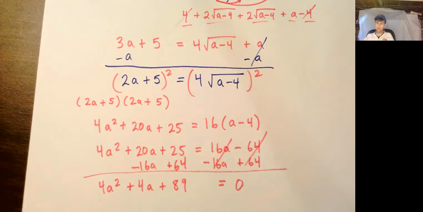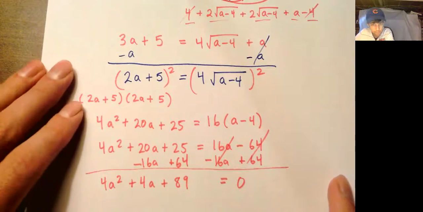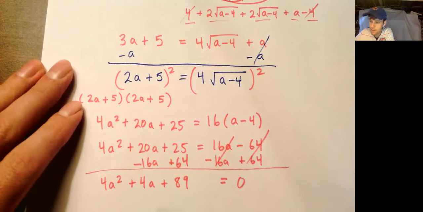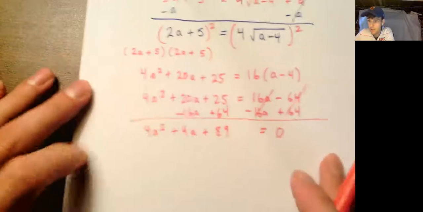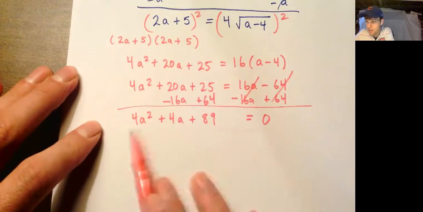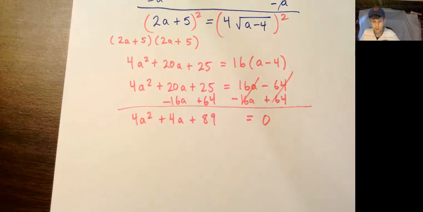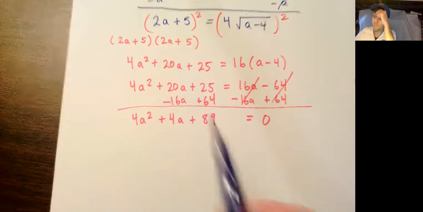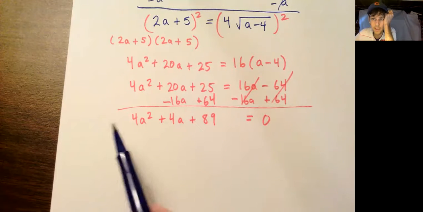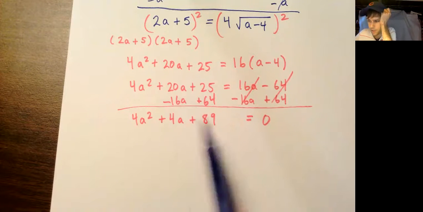Whew. All right. Now, this whole process has come down to this point here where I am solving a quadratic equation. Provided that this quadratic equation has some solutions, those will be potential solutions to our previous problem.